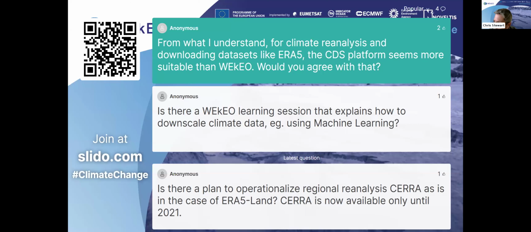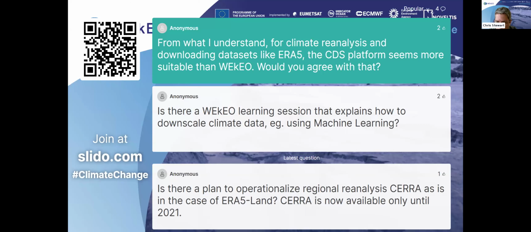Now, the actual data access mechanism, I think it's becoming more and more similar to the CDS. There are probably still some differences. Obviously, if you go straight to the source, then maybe it's advantageous for certain applications, but the advantage of WEkEO is that you can get data from multiple sources. So that's really the advantage of WEkEO.